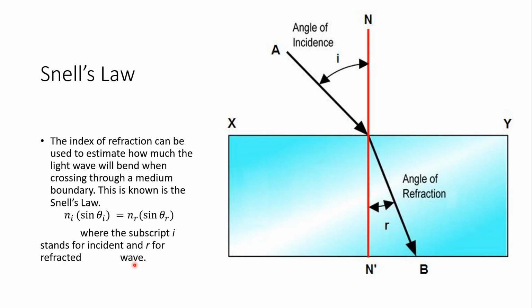Let me quickly go over this. That refraction is known as Snell's law, and Snell's law is essentially the ratio that lets you measure how the angle changes, or what the angle of refraction is going to be, based on the refraction index, this letter n. The simple relation is that the refraction index times the sine of the incident angle of the light ray equals the refractive index of the second medium times the sine of the refracted angle, right?